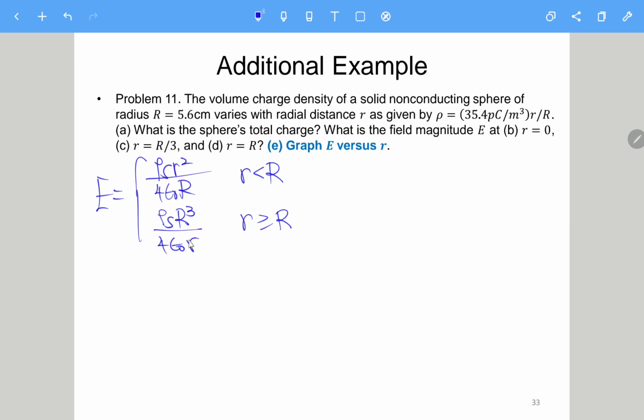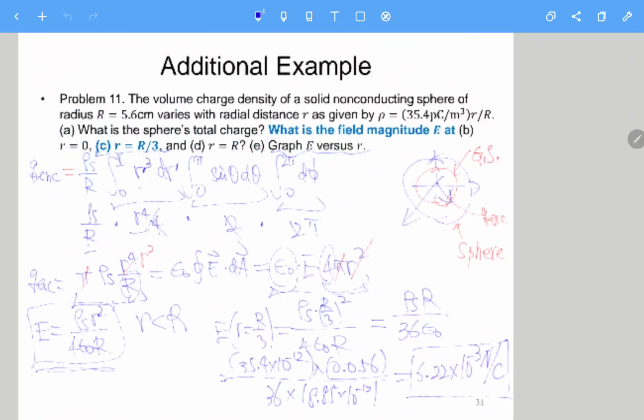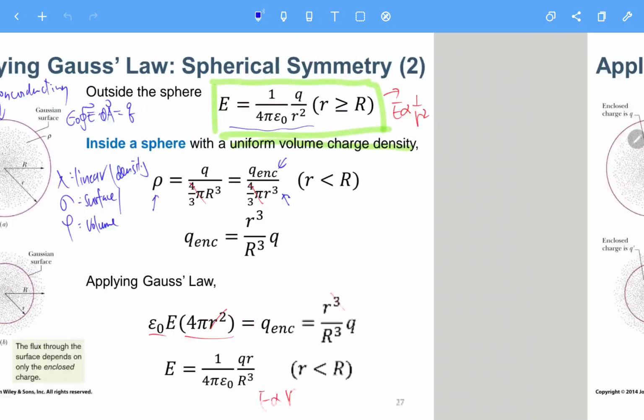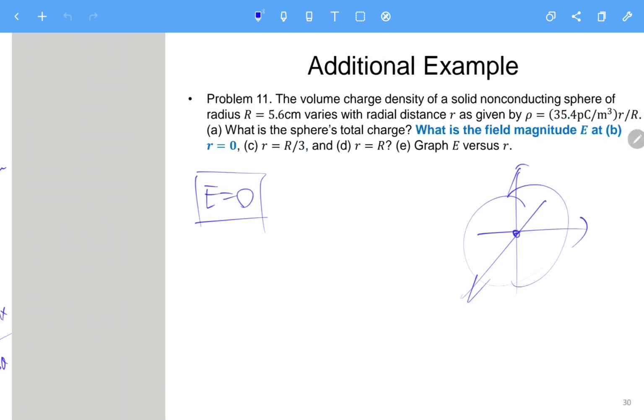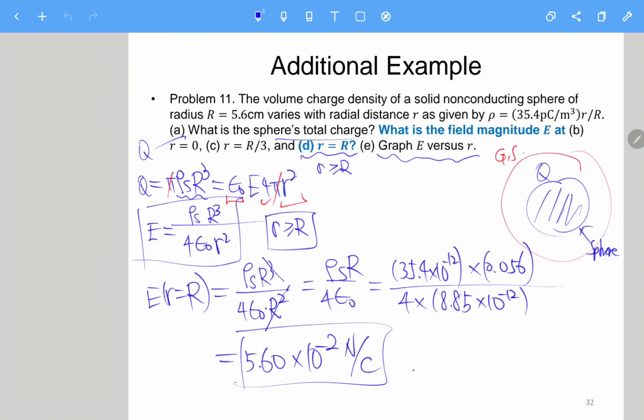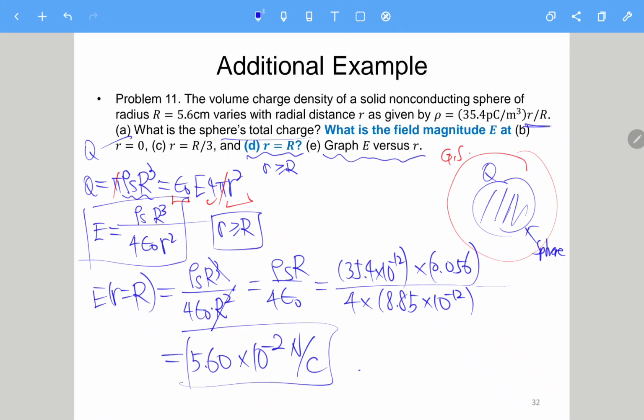This one is inversely proportional to r square. So this is different from that case. For this one, the charge density is uniform over the whole sphere. And for this one, it is proportional to the radius.